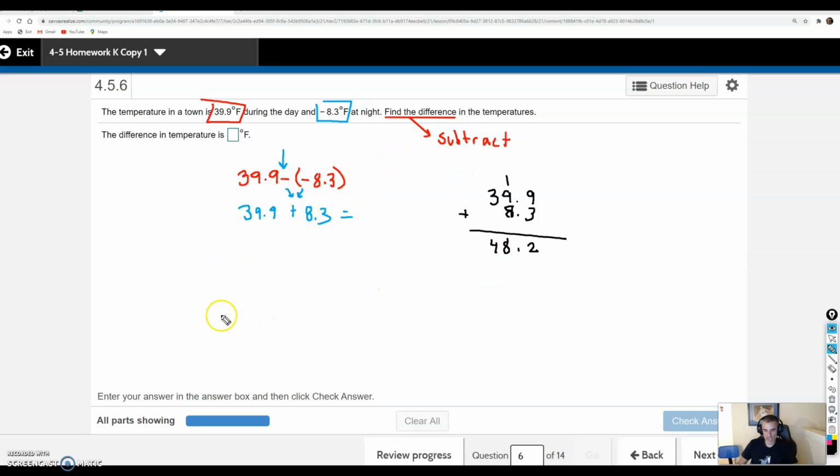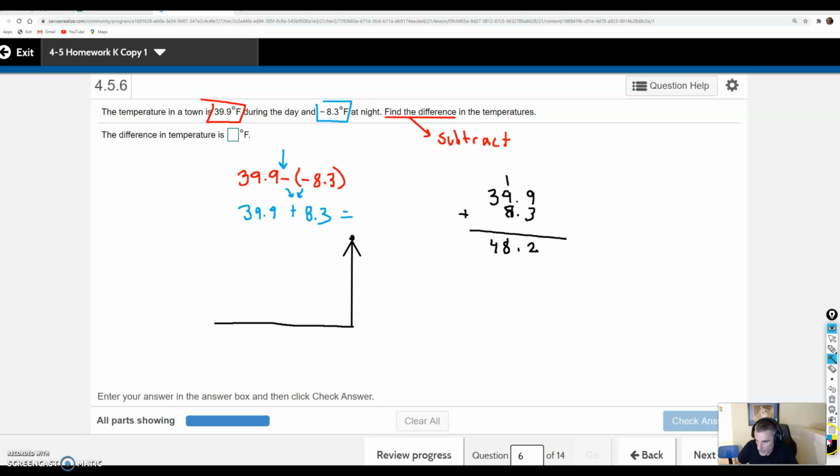So what this is actually saying here is, I'll draw a little picture. During the day, the temperature gets all the way up to 39.9. Okay, so 39.9 is at the top right here. That's the highest temperature we reach.